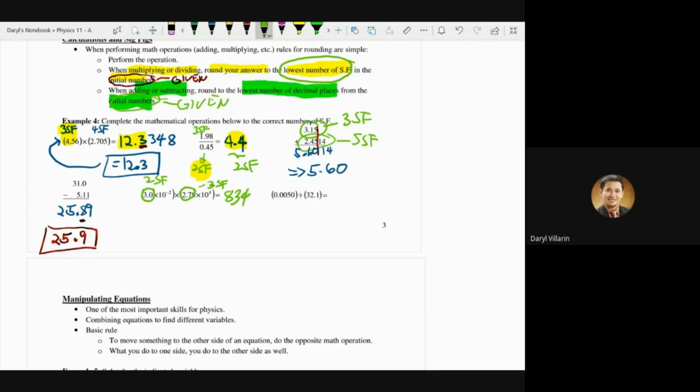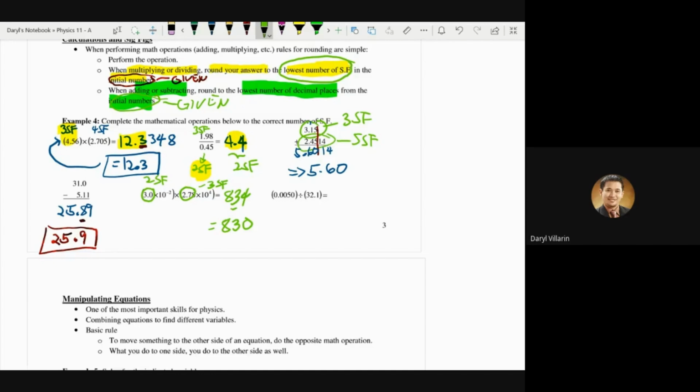But that's not your final answer, because you need to express this one to 2 significant figures, because this is multiplication. So I should express my final answer only up to 2 significant digits, which is up to here. So if I'm going to record this one, in our case, the zeros are insignificant. So therefore, I can write that one as 830.